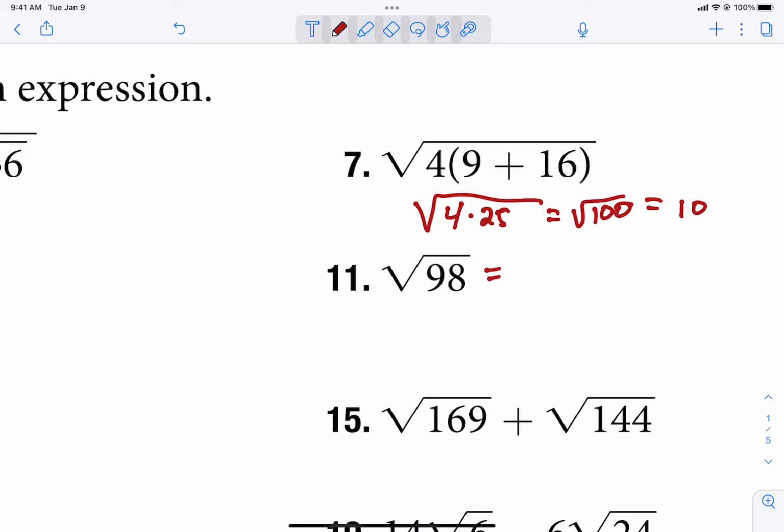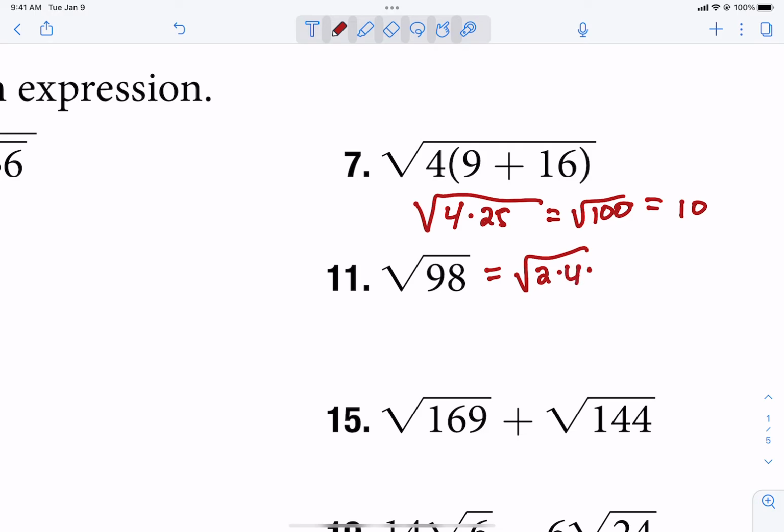So instead, what we can look for is the largest perfect square that lives in 98. If you think about all the perfect squares from 98 and below, the highest one is 81, that's 9 squared. And then, if you keep working your way backwards, the largest perfect square that goes into 98 is 49.